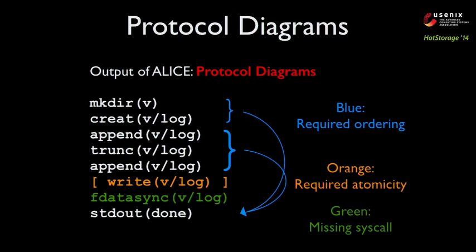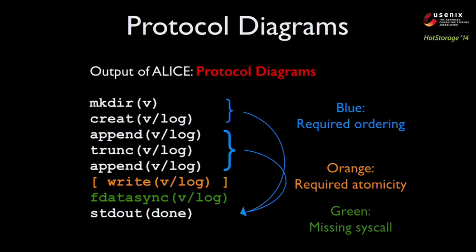It could be like the database becomes corrupt or inaccessible, something like that. And then what we're showing with green is that sometimes system calls are missing for correctness. In other words, to be able to recover from a crash at a certain point and behave as expected, we needed an fdatasync that wasn't included in the protocol.